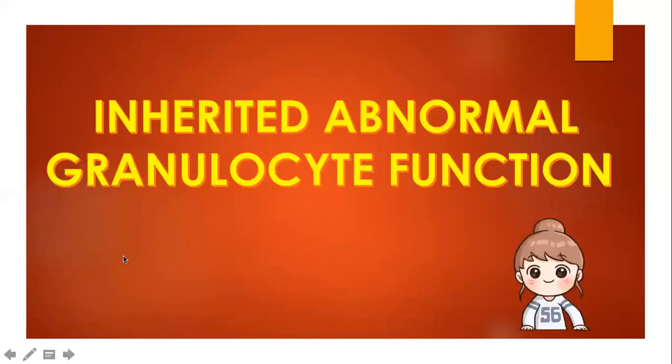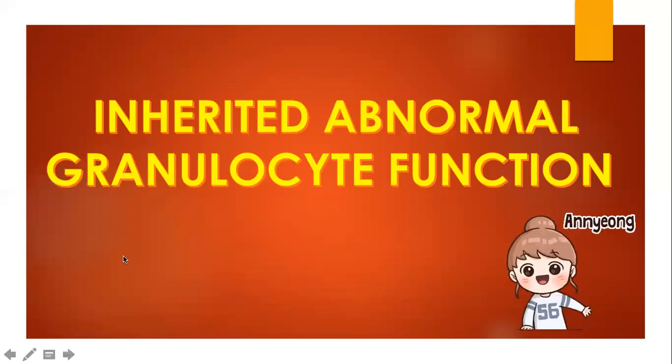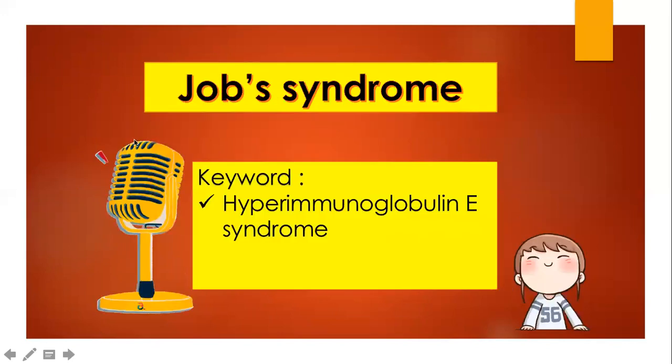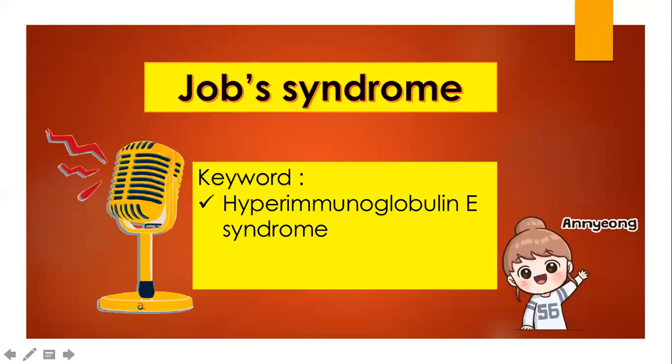So what are the examples of inherited abnormal granulocyte function? Number one for that is the Job syndrome. In Job syndrome, you will hear the words hyperimmunoglobulin E syndrome.